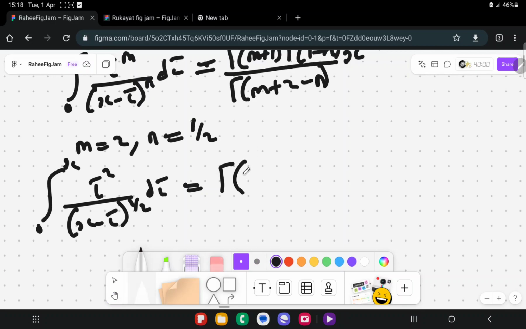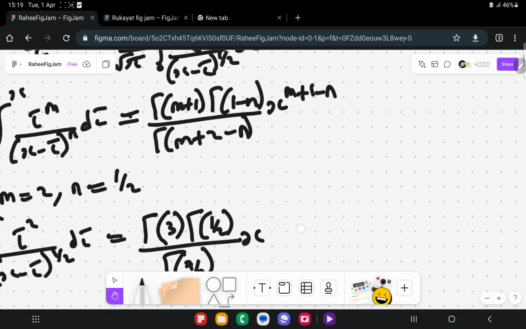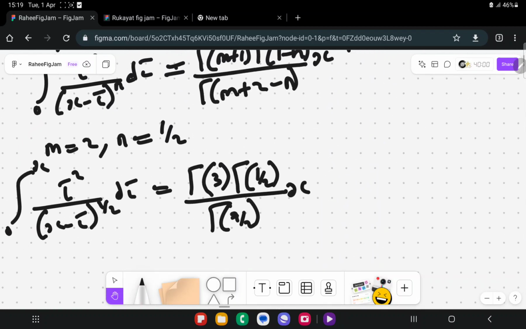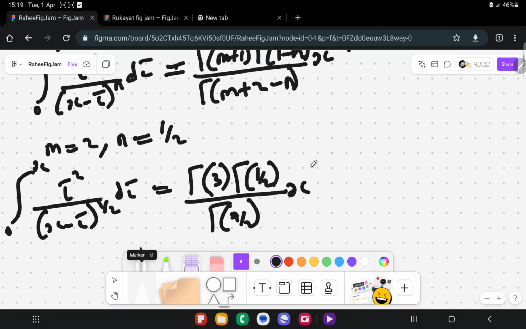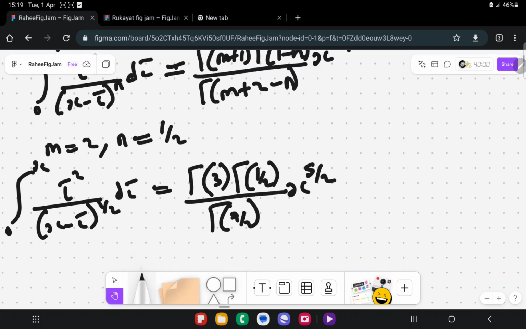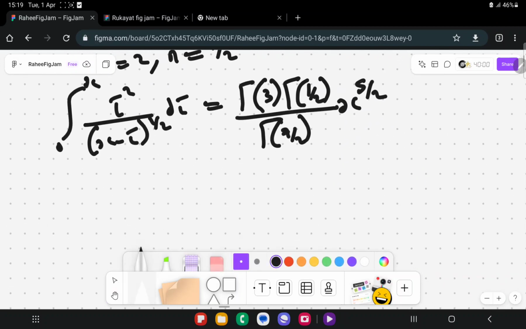So we have gamma of 3, then gamma of 1 minus n, which gives us 1 all over 2, over gamma of 7 all over 2. Then x raised to power what? M plus 1 minus n. So we have x raised to power 5 all over 2.